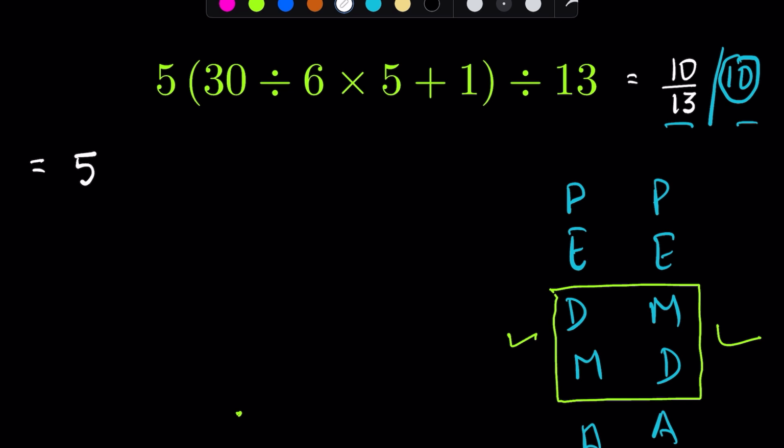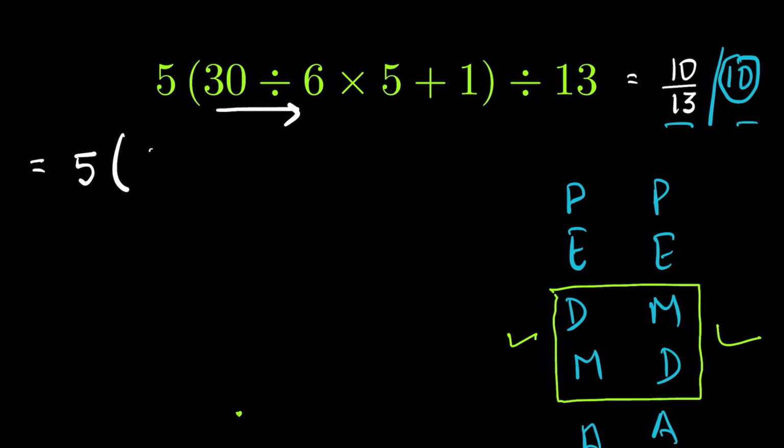So 5, then parenthesis. From left to right we have division first, so we will do division first. 30 divided by 6 is 5, then times 5, then plus 1, divided by 13, again 5.